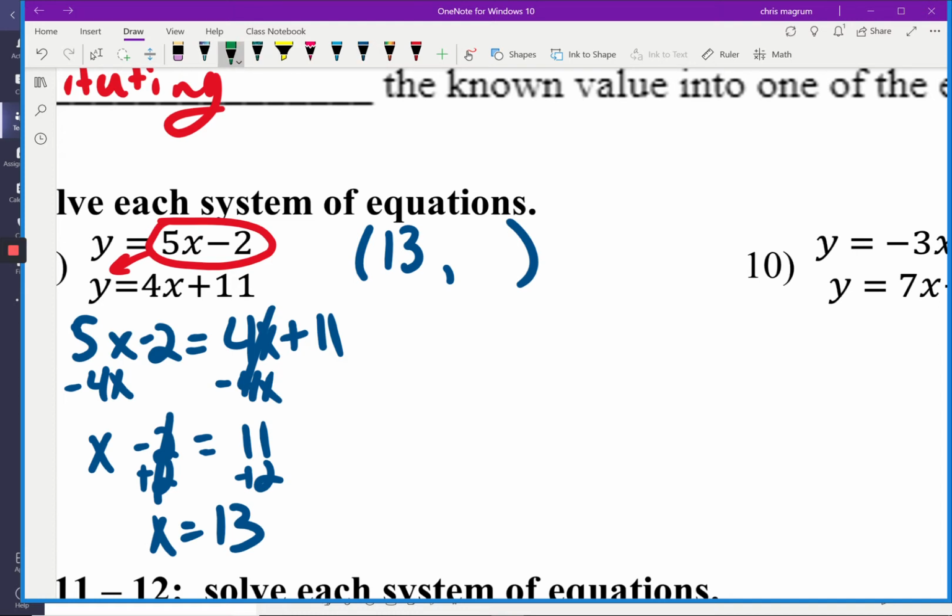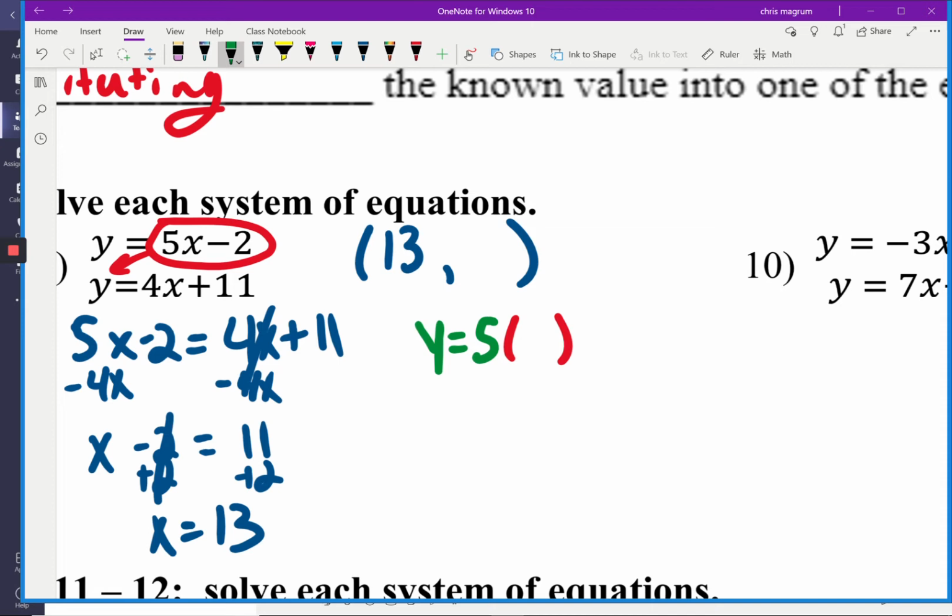We're just going to use either of those two equations. I'm going to use the top one there, y equals 5x minus 2. And we're going to plug in what we just learned that x is. I like to use parentheses for that.